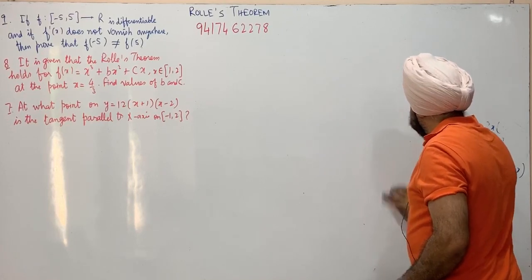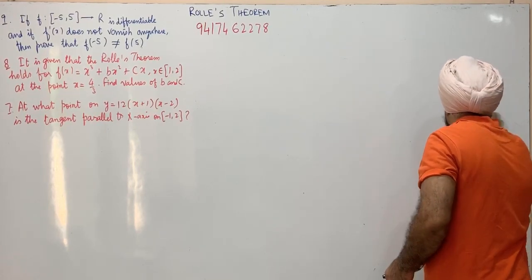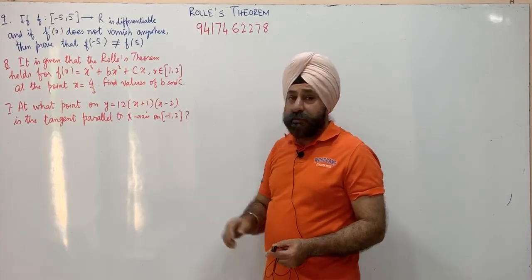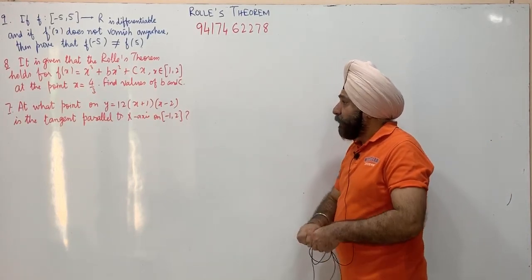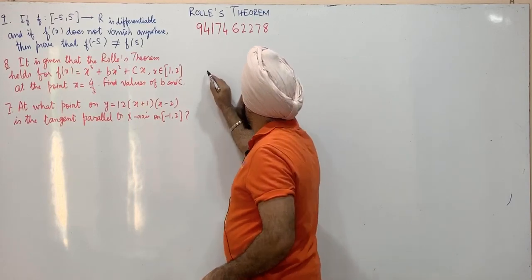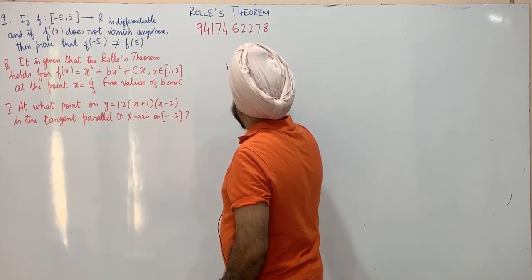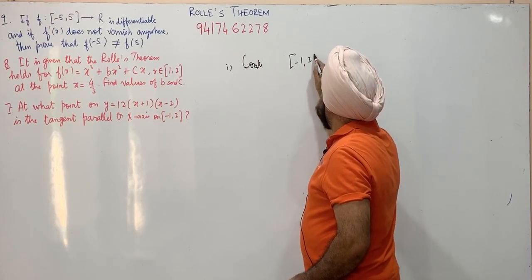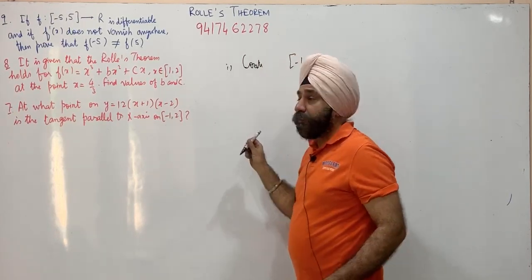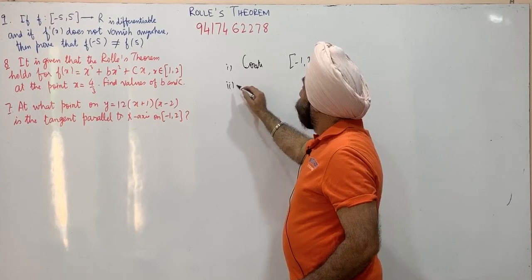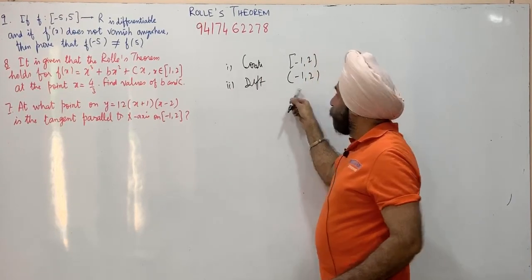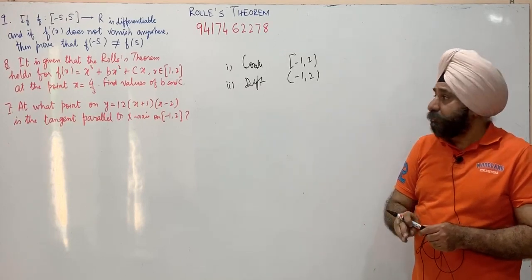Similarly, every polynomial is everywhere differentiable. So we'll write that this function is continuous everywhere, but in particular for the interval from minus 1 to 2. Similarly, it is differentiable everywhere, in particular in the open interval minus 1 to 2.